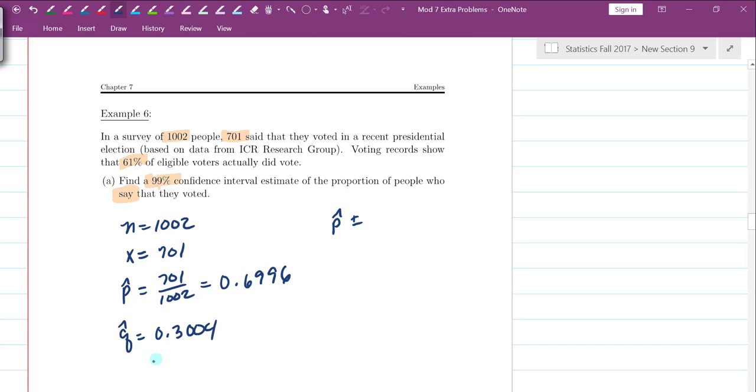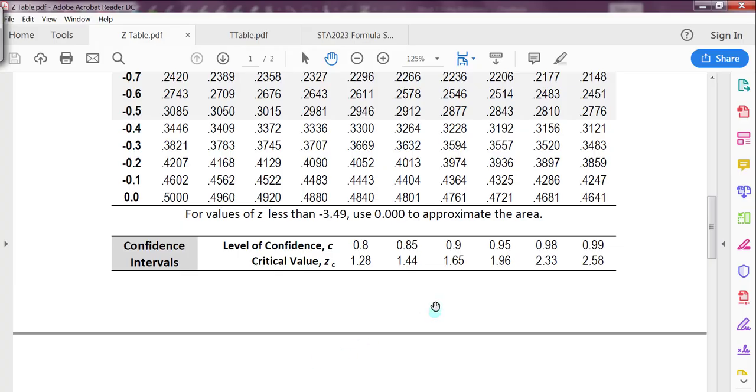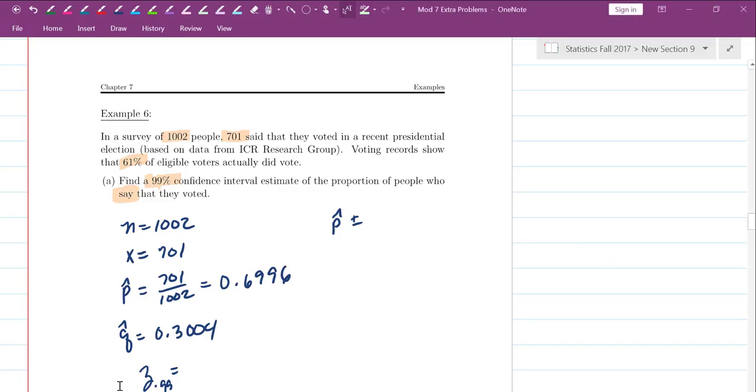So I have p hat plus or minus a z, and our z at 0.99 is going to be 2.58, I think. Let's double check that though. 99, 2.58. So there we go. This critical value is 2.58.